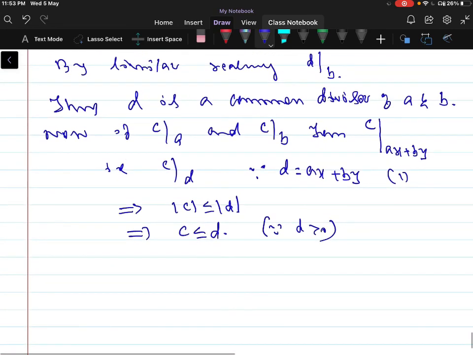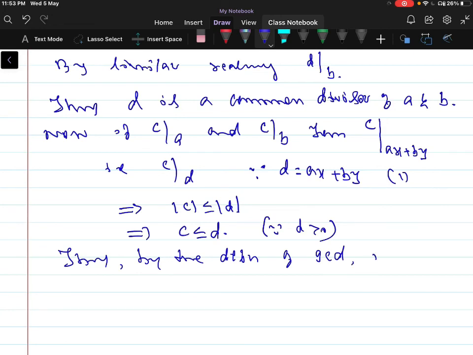So now, thus, by the definition of greatest common divisor, it follows that GCD of a, b is equal to d.